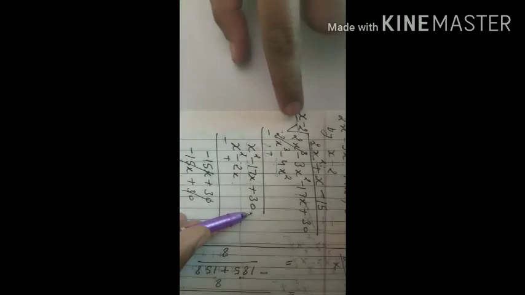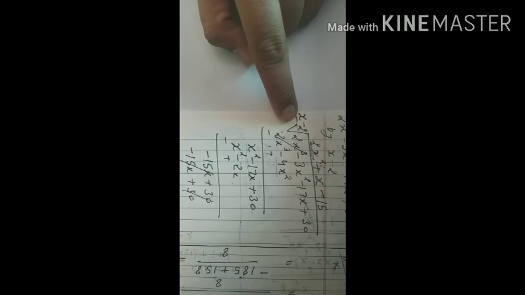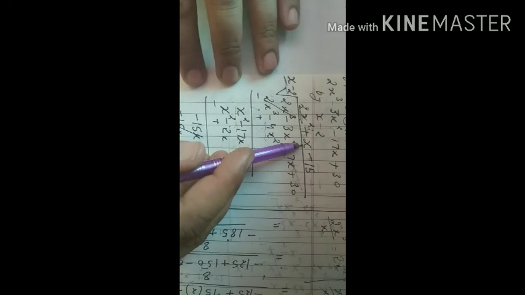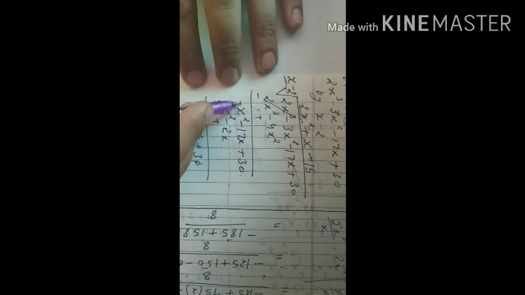Now when we divide this term by this, the first term here is x square and here is x. When we divide x square by x, we get x, so we take the second term as positive x, because we get positive x square.